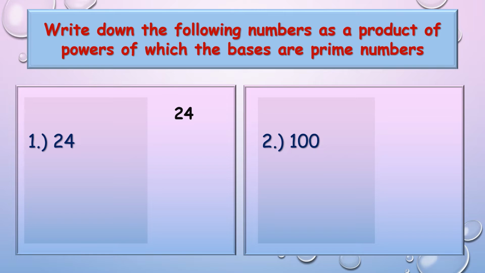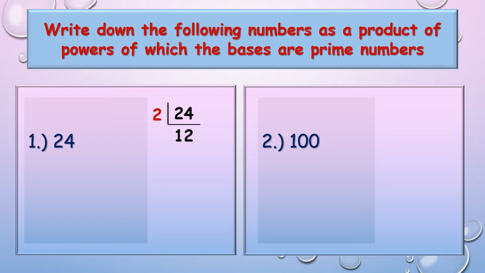What is the smallest prime number? 2. 2 is the smallest prime number. Let's see, is 24 divisible by 2? Yes, 24 is divisible by 2. Then you can divide 24 by 2. The answer is 12.